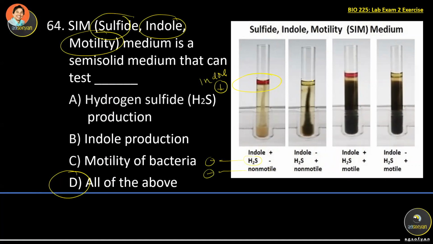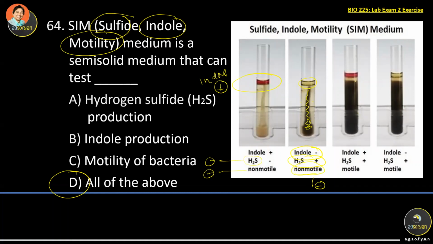Now, if you see this one is negative, then indole is negative. And you see this is the hydrogen sulfide production. And the medium is not cloudy, so it is non-motile, negative for motility.